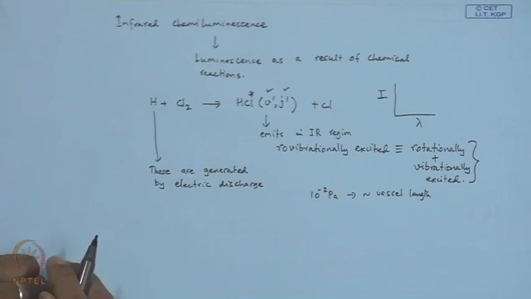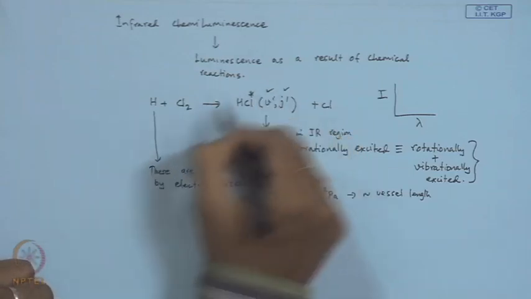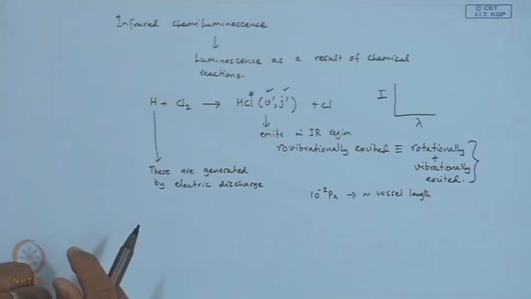The limitation is that not all products are IR emitters, and of course they should be very strong IR emitters, otherwise if it emits very weakly, then this will not be of much use.